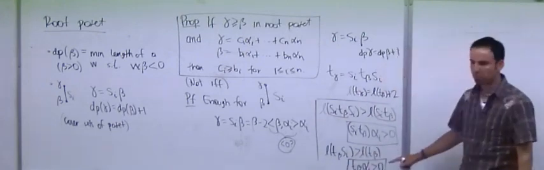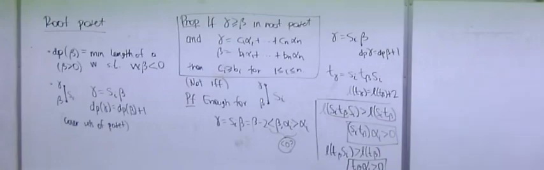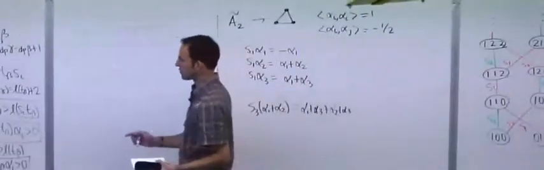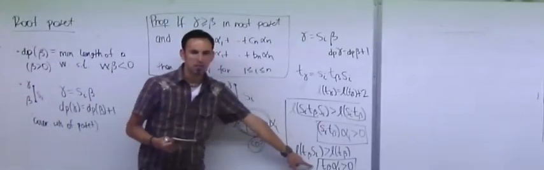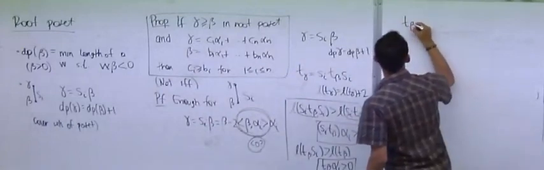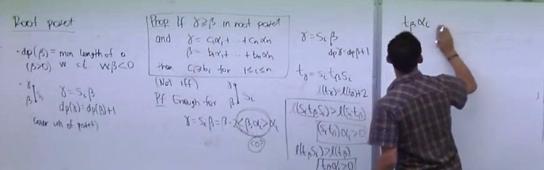So let me put these two things in boxes because I'm about to use them. Now, again, what I'm trying to prove is that this number right here is negative. The reason that I like this is because this number is going to appear when I write out the expression for this thing. Let me show you that. What is t_beta alpha_i?